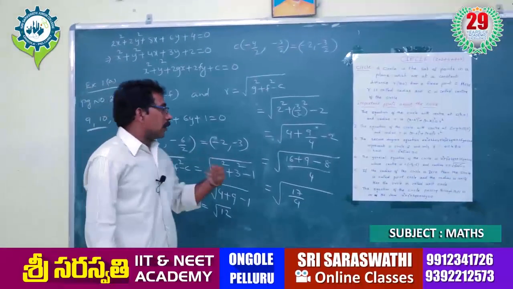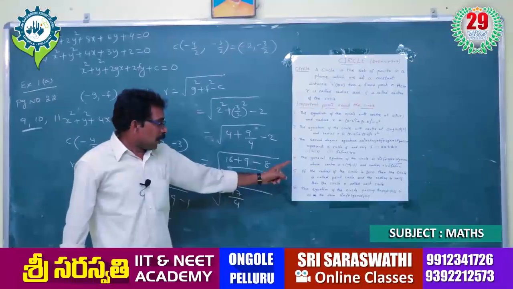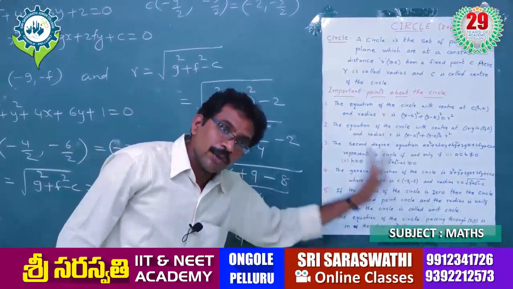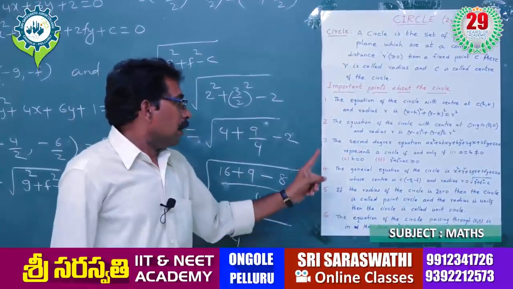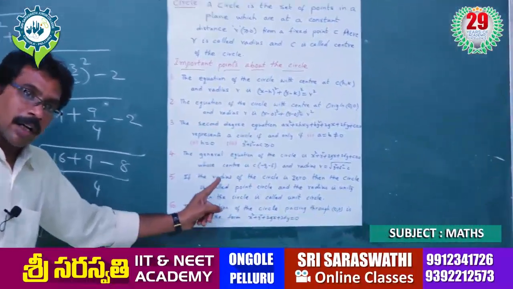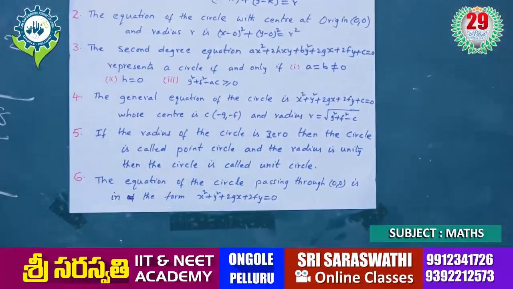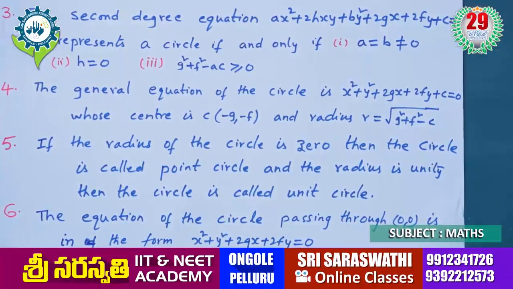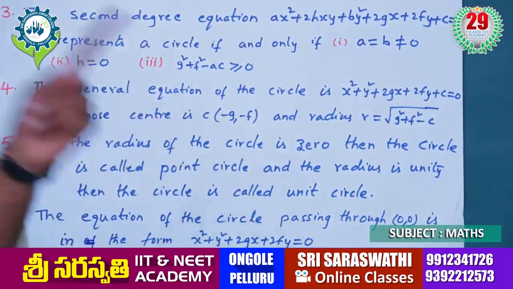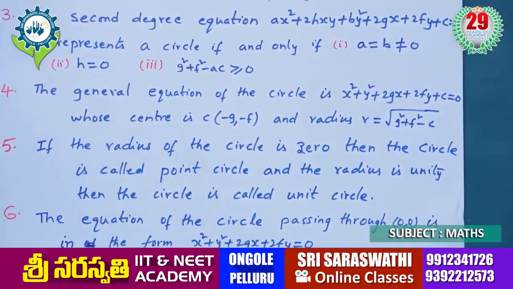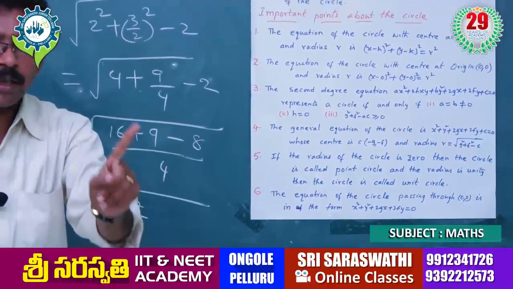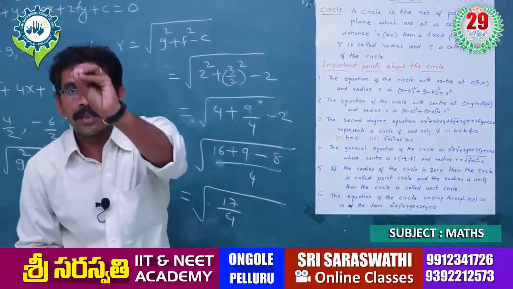Next point is, if the radius of the circle is 0, then the circle is called a point circle. So if the radius becomes 0, then the circle is known as point circle. It has another name also, that is zero circle. So point circle or zero circle, one and the same.